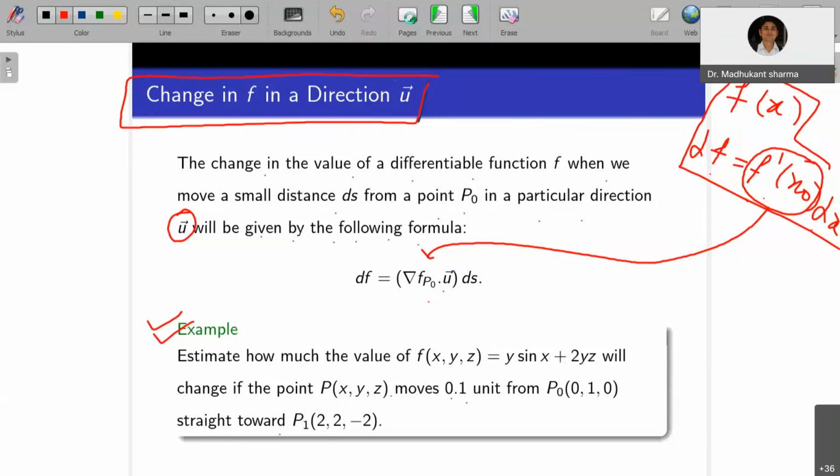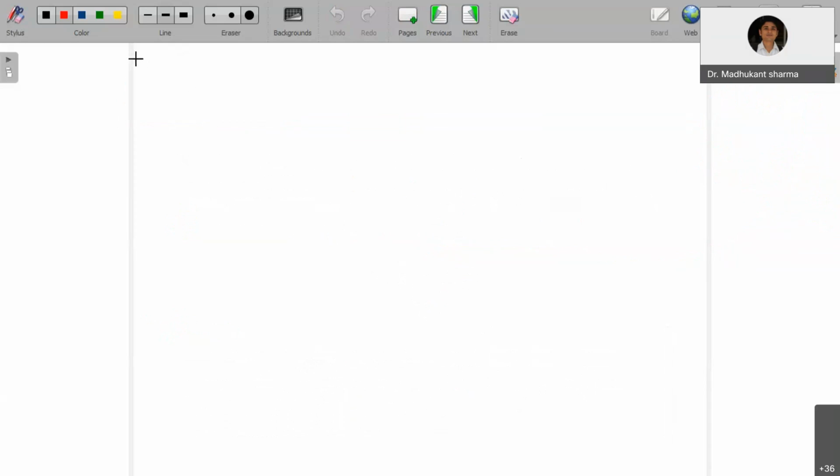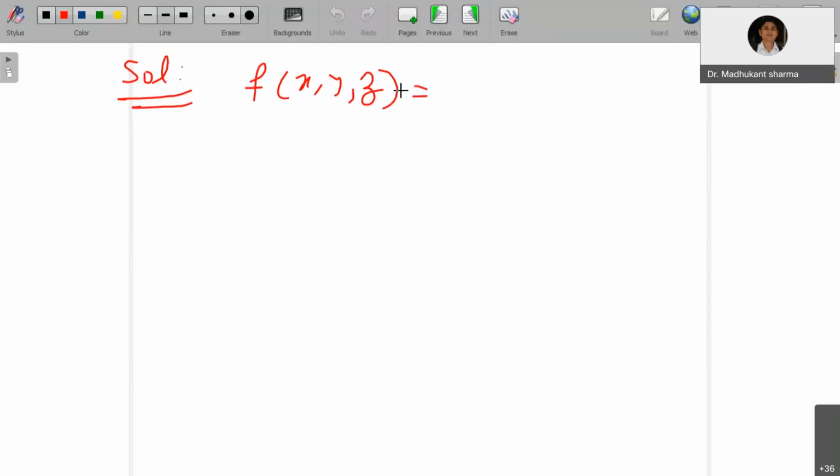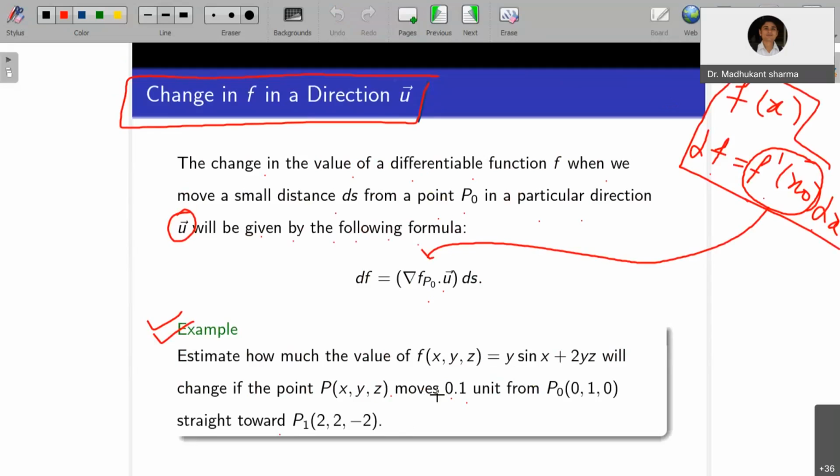In this problem, you are trying to identify the change in f, where f is given by y times sine x plus 2yz. So what is the direction?